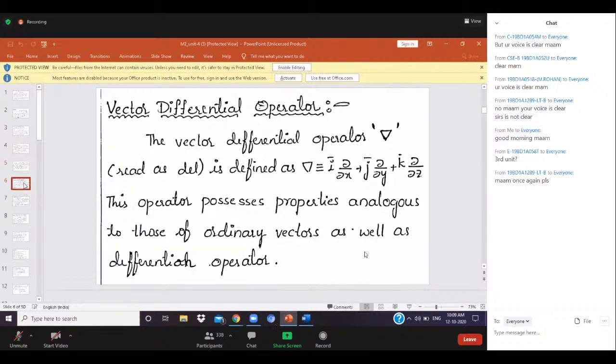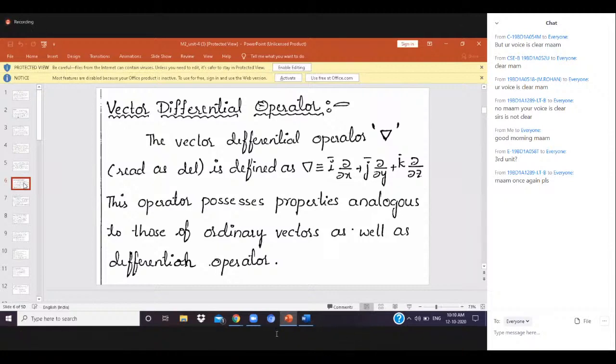Then we have one more definition, that is the vector differential operator. From now onwards this operator is very useful, because the other definitions all depend on it.